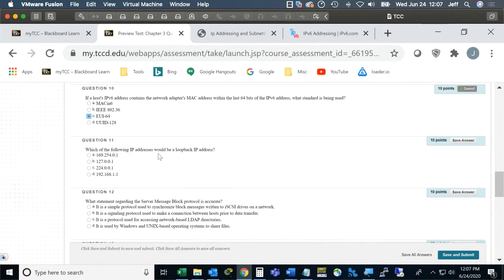Which of the following IP addresses would be a loopback IP address? We did not discuss that, but it is B. Yes, the 127 range, right? It's a class A. For whatever reason, the powers that be said, let's use the 127 class A range for loopback and throw away 4 billion IPs.